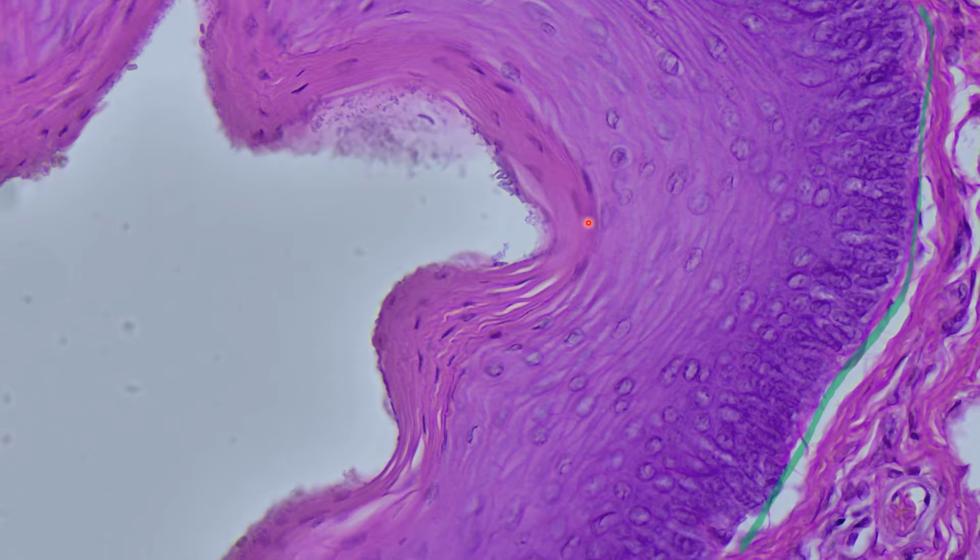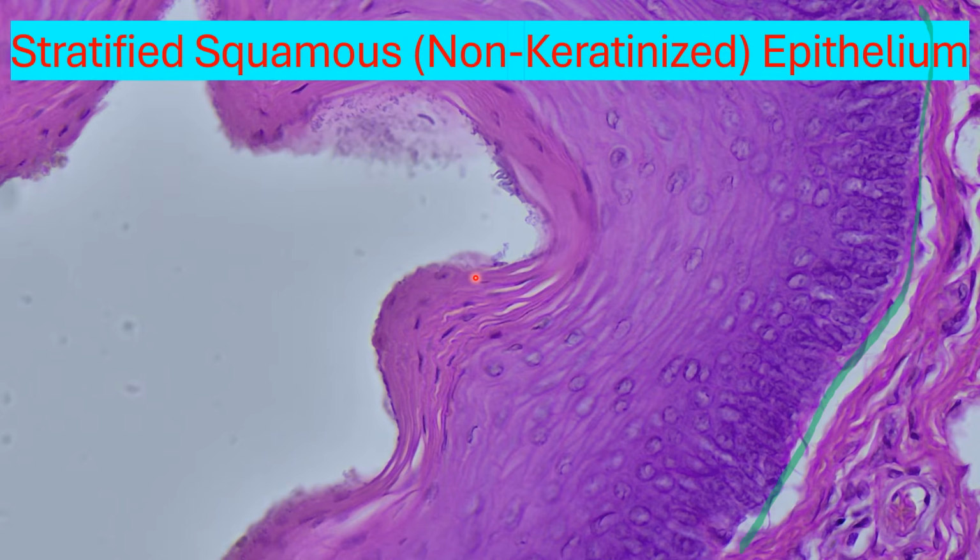Because there's layers, it's stratified. Now, to name the type based on the shape, we look at the apical surface and we see these cells from here to here. They're a lot flatter and thinner. Therefore, we have stratified squamous epithelium. More specifically, this is non-keratinized because we can see the nuclei all the way to the apical surface.